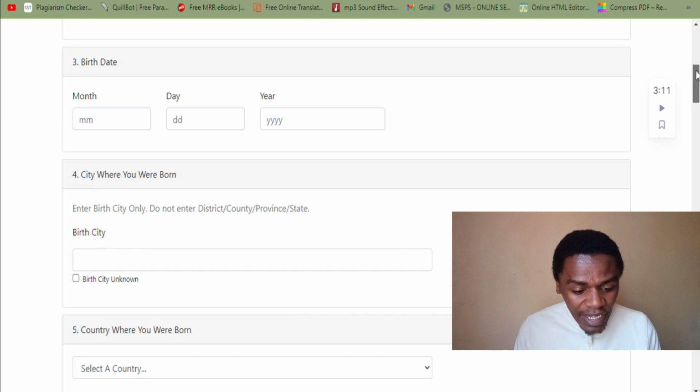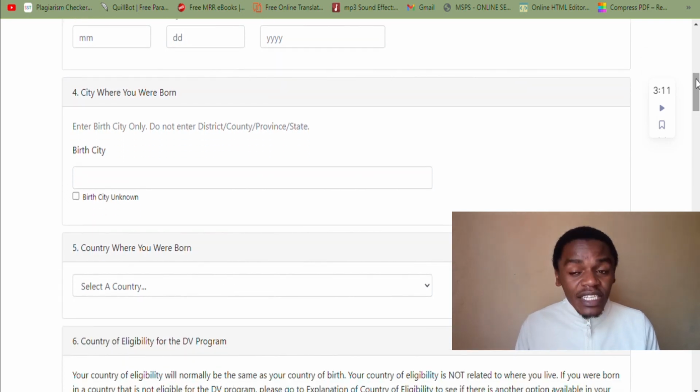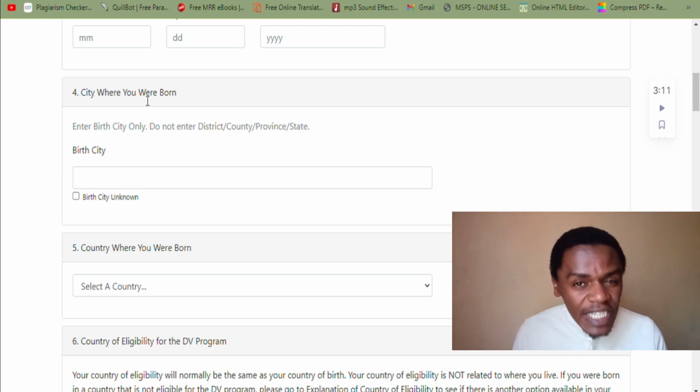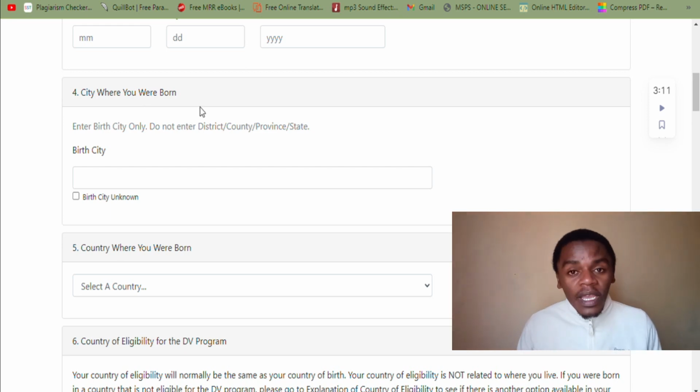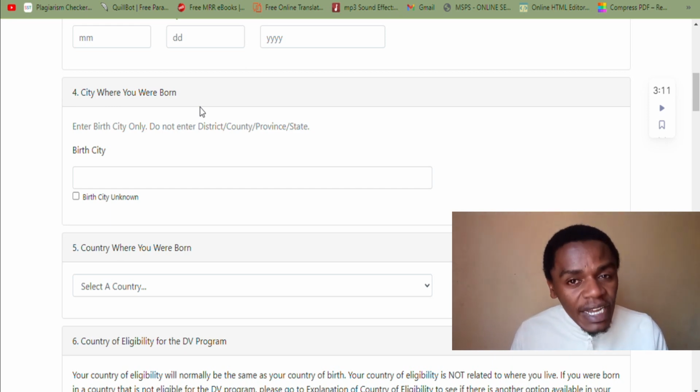Another important thing, and I want to discuss this in detail, is that the birth certificate will help you in knowing the city where you were born. And this is where many problems arise, because most of us were not born in a city as such. This city of birth does not mean the capital city of your country. It does not mean that at all.